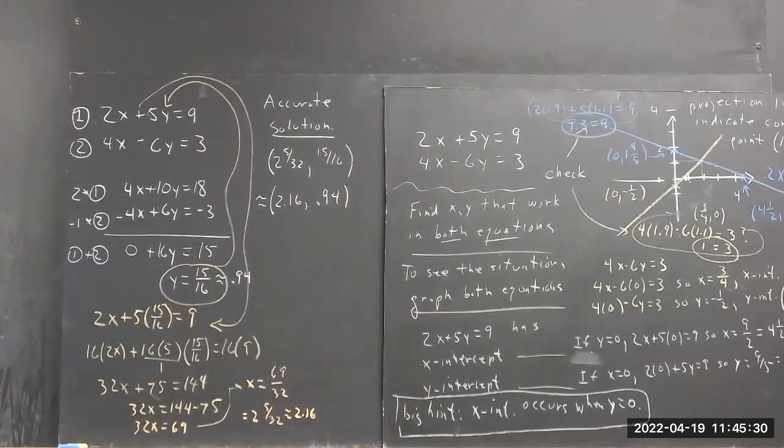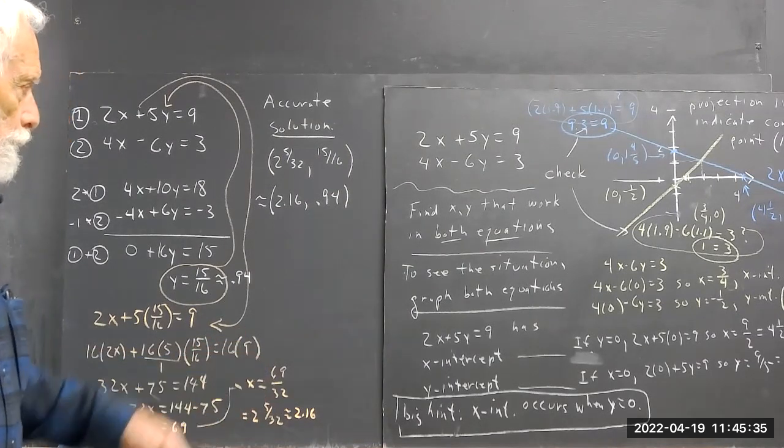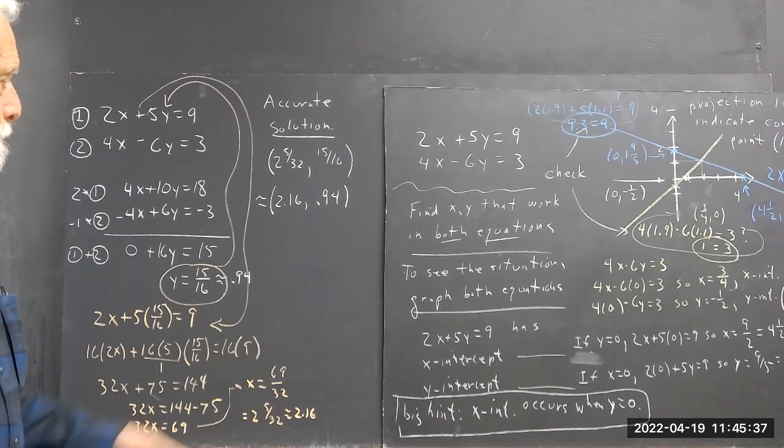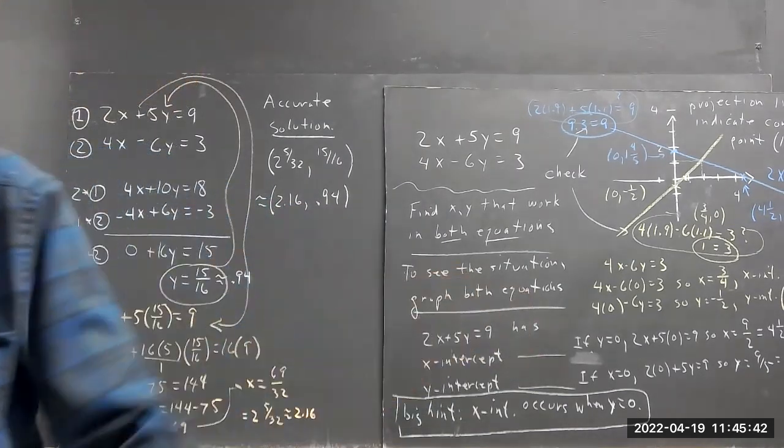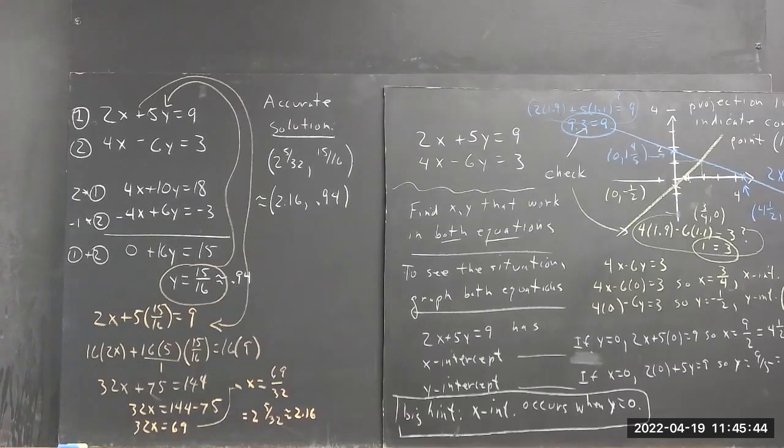Maybe you can work out the arithmetic, use your calculator. They're hard fractions to deal with. So those might be accurate to two significant figures.